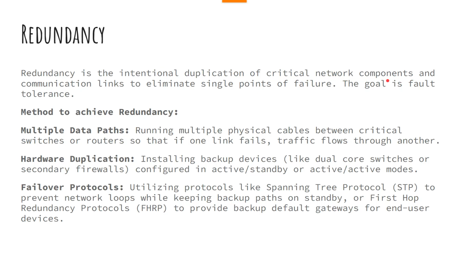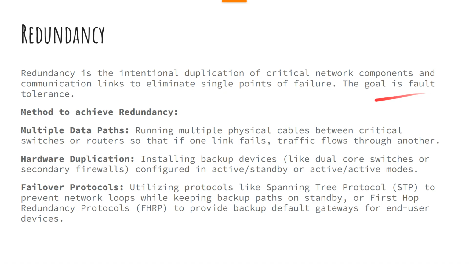These are network components which, if they fail, may create a situation where the entire network goes down, or which are connected to very important servers or very important departments, so they become my critical network components, as well as communication links, to eliminate single point of failure.